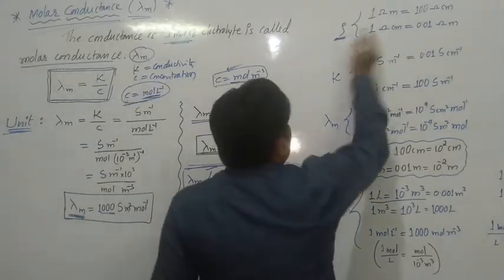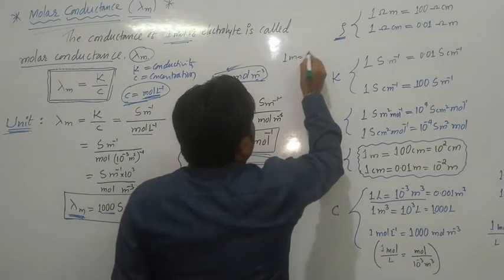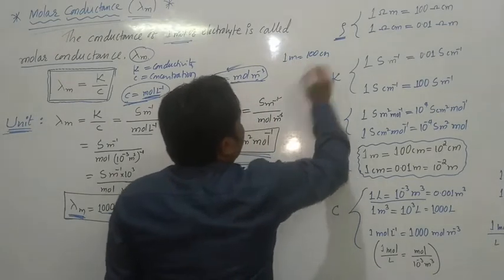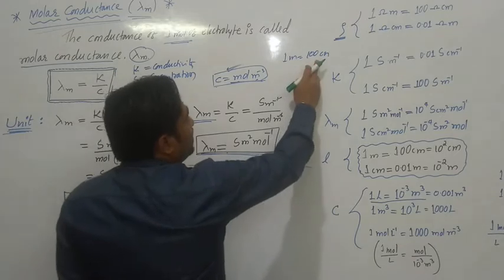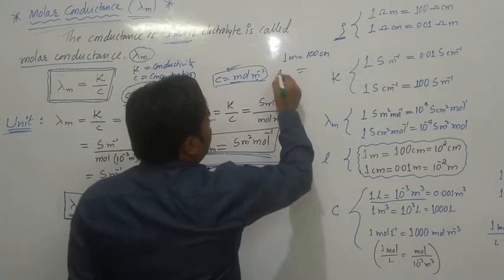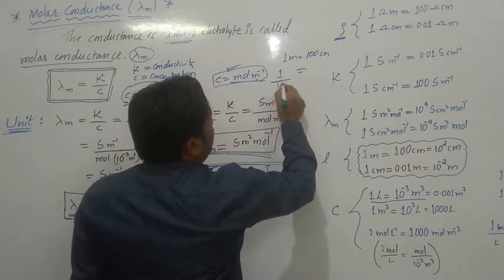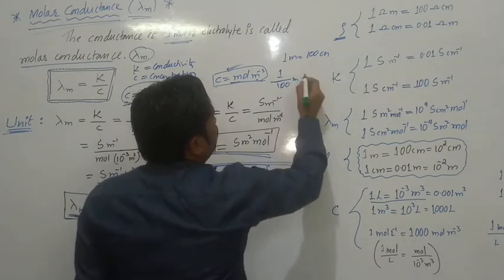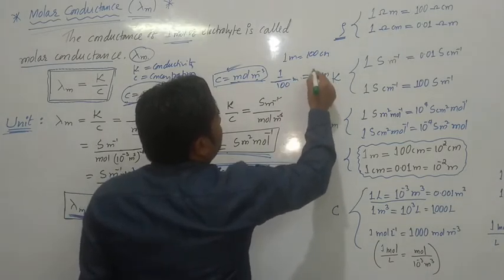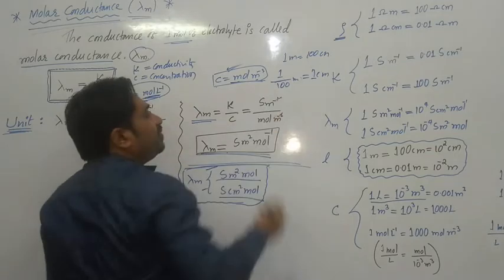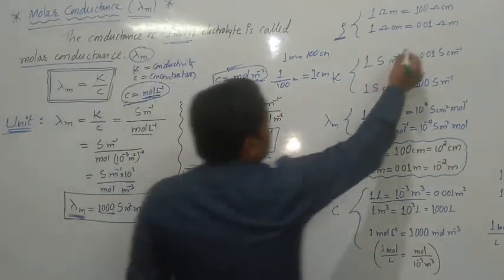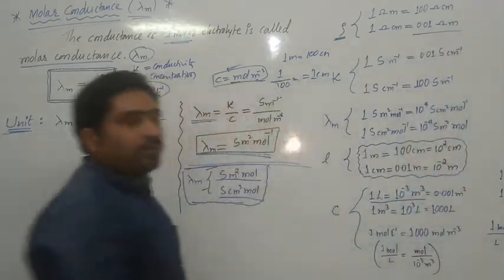Because 1 meter is equal to 100 centimeters. So if I want 1 centimeter, 100 comes this side: 1 divided by 100 meter is equal to 1 centimeter. So 1 divided by 100 means 0.01. So it is 0.01 ohm meter.